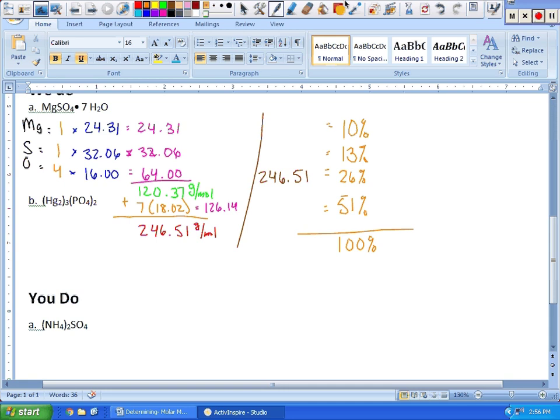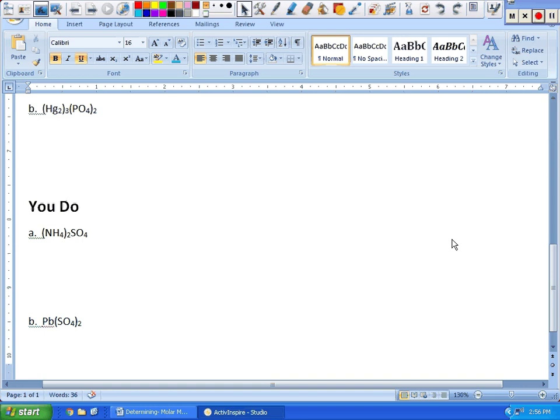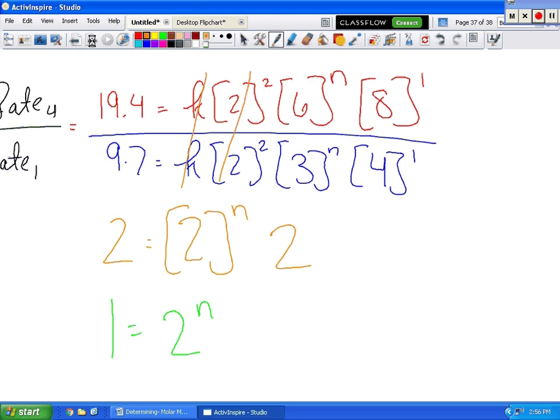Now, I want to do one more with you guys because I'm fixing to show you a compound that is ridiculous in terms of its mass. Okay? So let's work B. It is Hg2 3 PO4 2. Hg. Did it wrong.